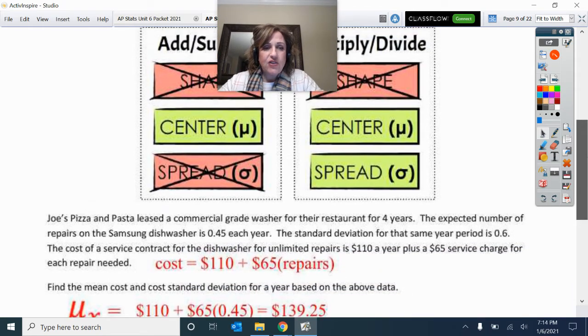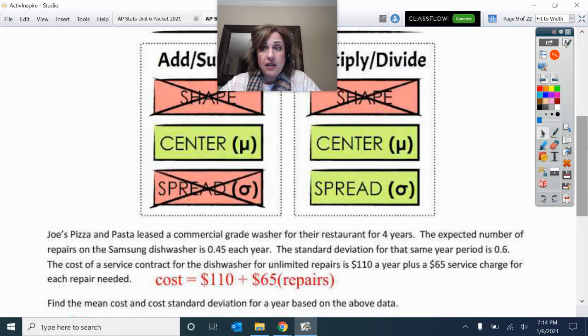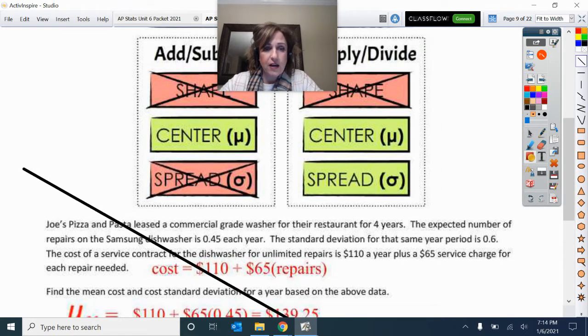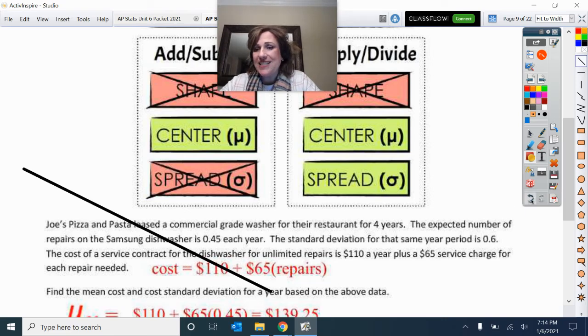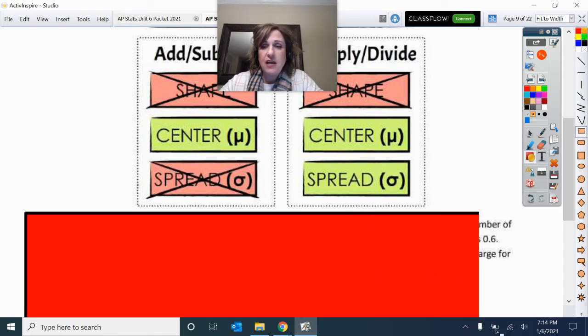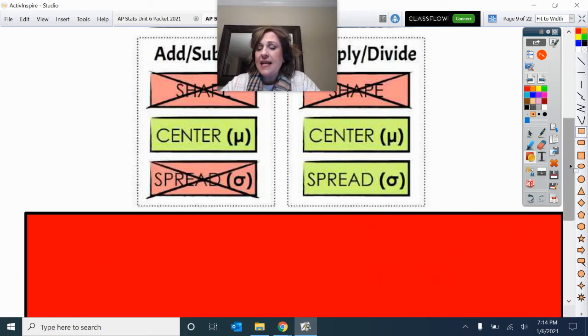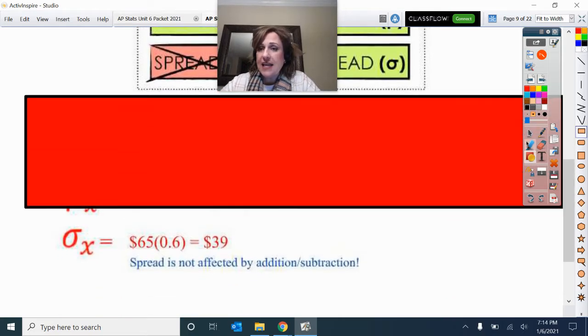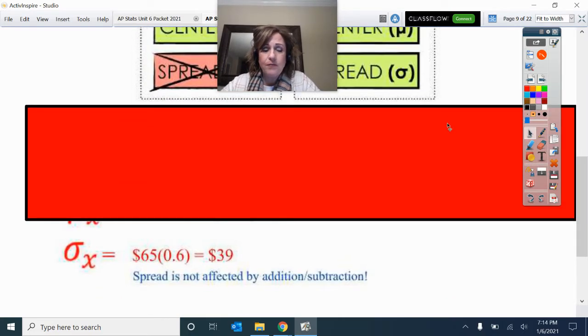All right, let's check and see how you did. Our function for the cost is $110 plus $65 per repair. We put our data through that function.